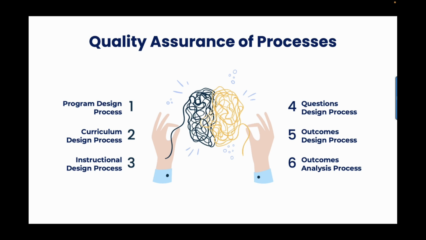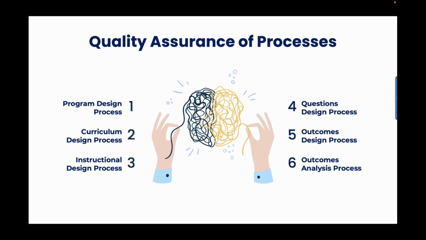So these are the processes. Again, I want to re-emphasize that we have to identify the processes, and then we have to assure the execution of those processes consistently well, and also continuously improve all those processes by using the feedback that is given by various data points that you collect, and that is where the outcomes analysis comes into the picture.